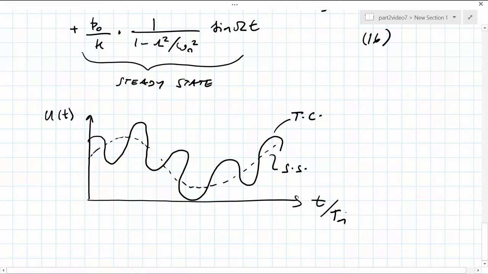In this case, we decided to normalize by the natural period, where the natural period, which we denote by Tn, is equal to 2 pi over the natural frequency.